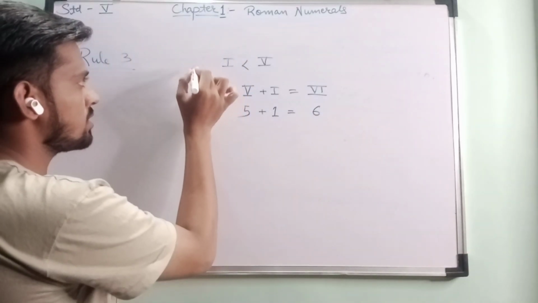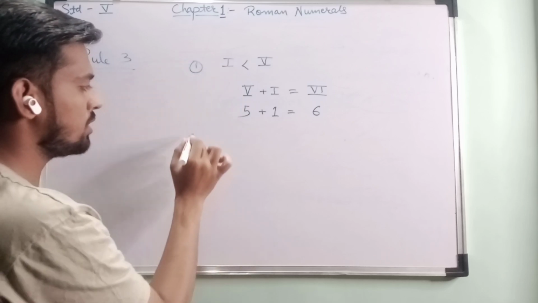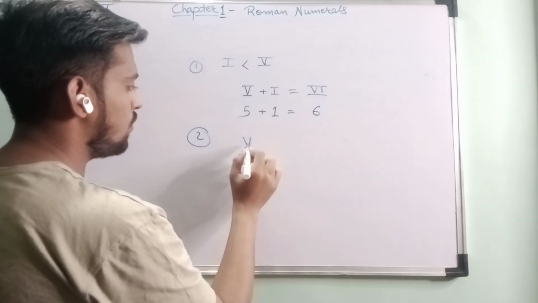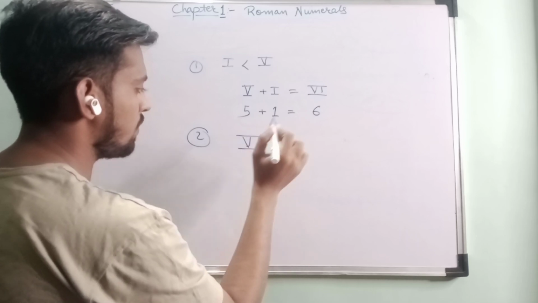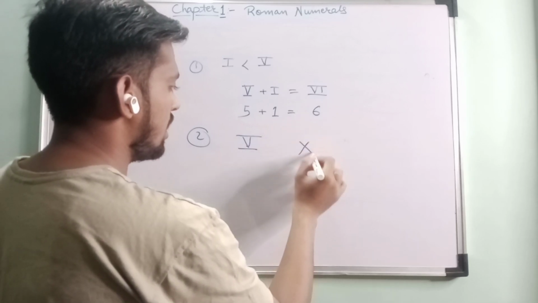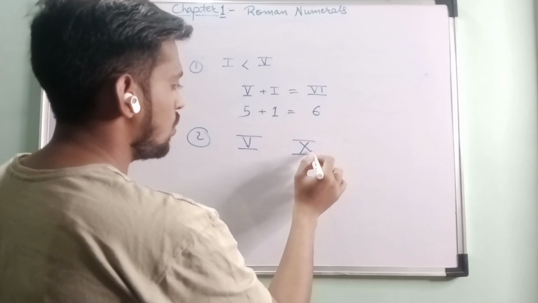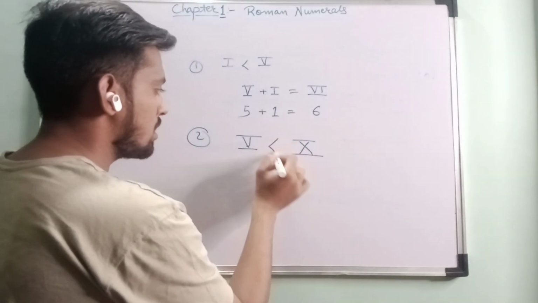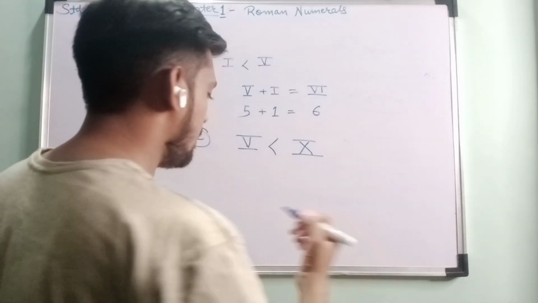I'm taking another example. This is example number 1 and this is example number 2. This is V. V means 5. And this is X. X means 10. Which symbol is greater? Obviously that is 10. 10 is greater than 5.